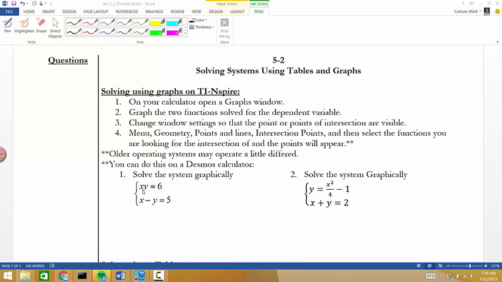So we have these two equations, xy is equal to 6 and x minus y is equal to 5. Now neither of them are solved for y, so we're going to have to do that first of all. So if I'm going to solve this first equation for y, I'm going to divide both sides by x.